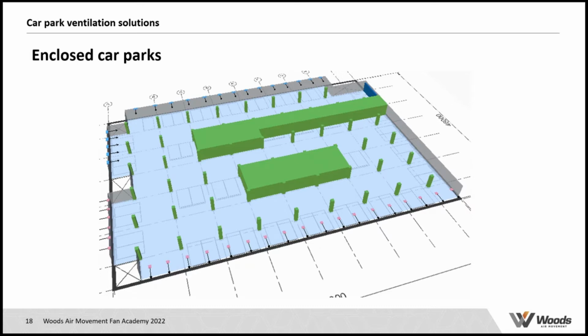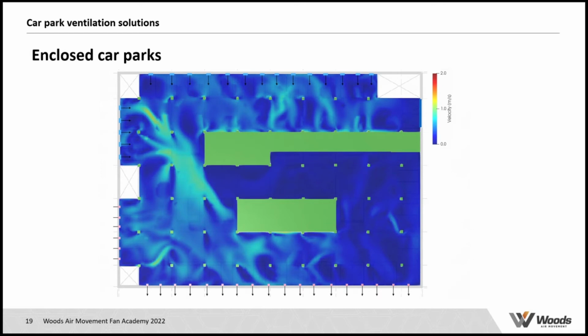with those structural obstructions in, and run a simulation again, you will see from the velocity contours that we still have velocity in areas of the car park, but there is an area of concern right in the middle, underneath that first structure, where the velocity seems to be relatively low.